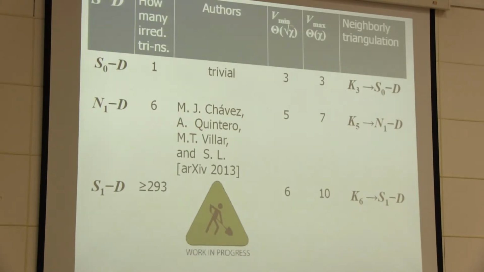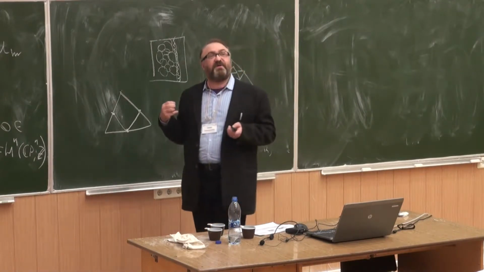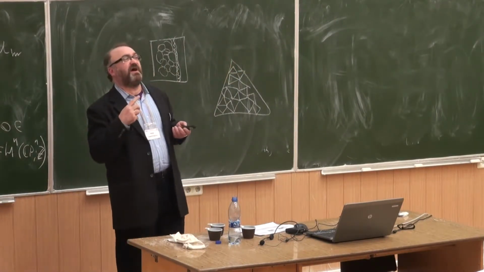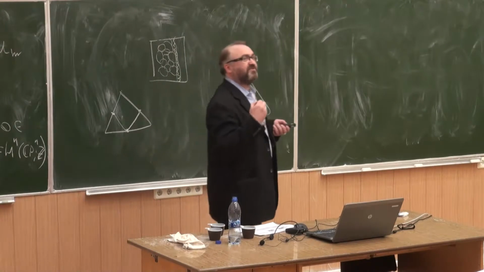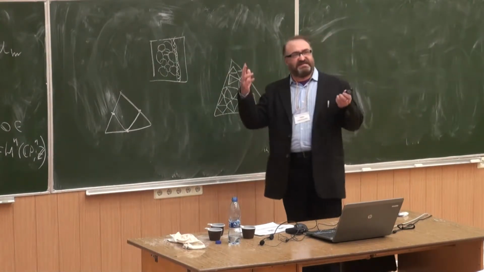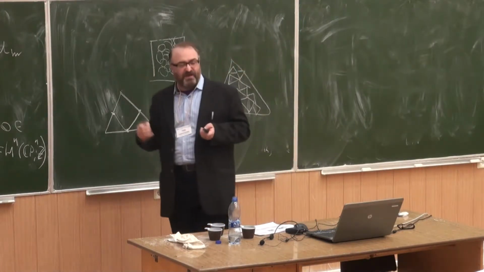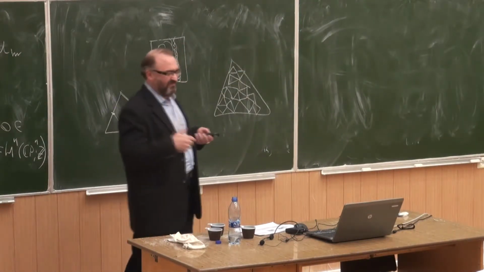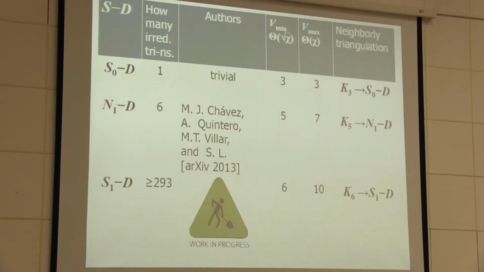I will show you the list of those triangulations shortly. And as far as the once-punctured torus goes, the work is not complete yet. We have found as many as 293 irreducible triangulations of the once-punctured torus, but we are not sure yet that this list is complete, and we are going to complete this work in a couple of months, hopefully.